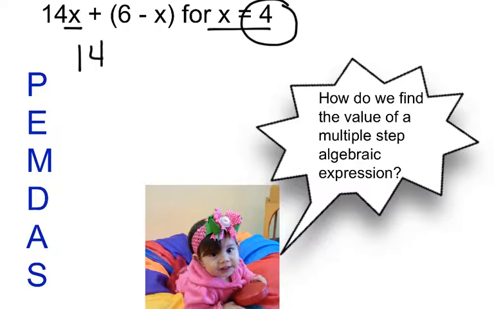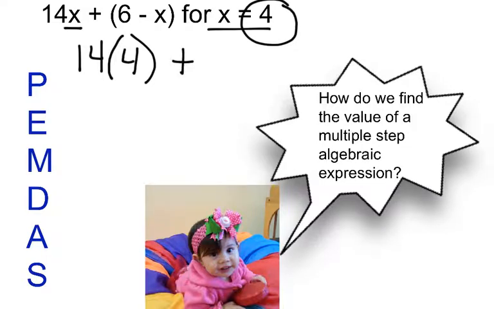Now, 14x literally means 14 times x. And we don't have to put times x or a dot to represent multiplication or even parentheses. But once we put that number in, then we do. So in this case, I'm going to use parentheses for multiplication.